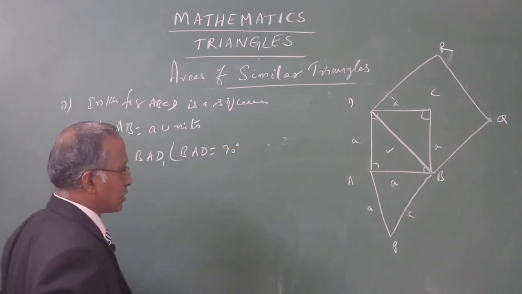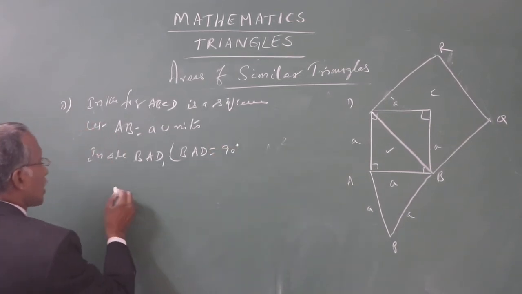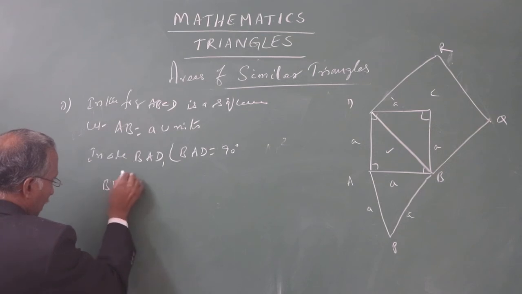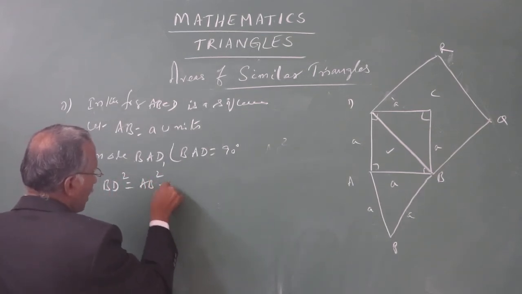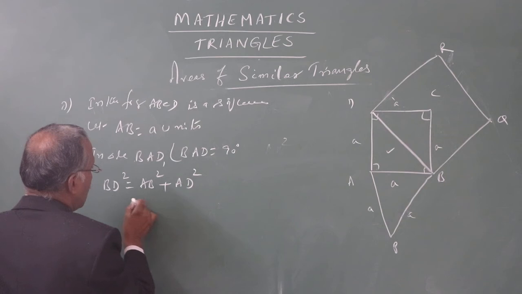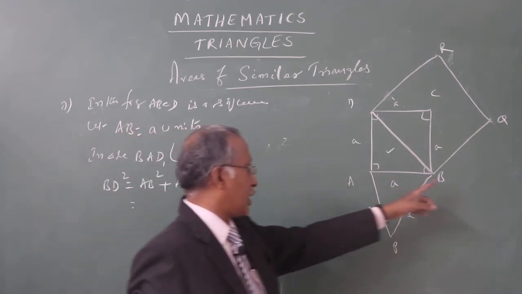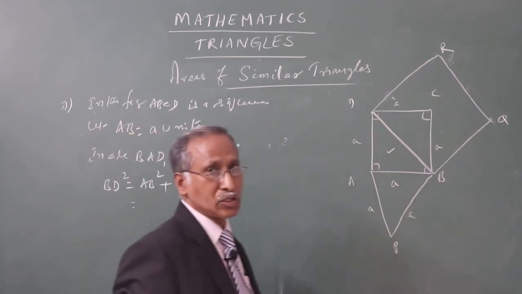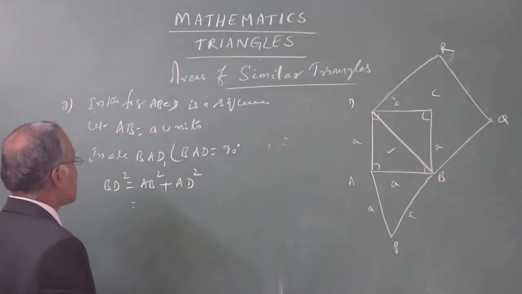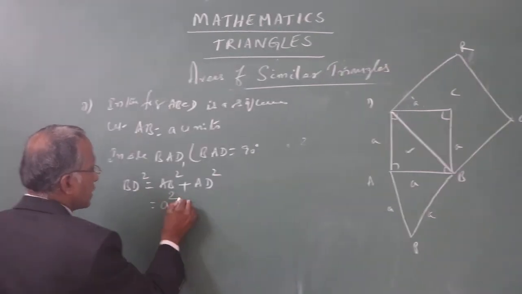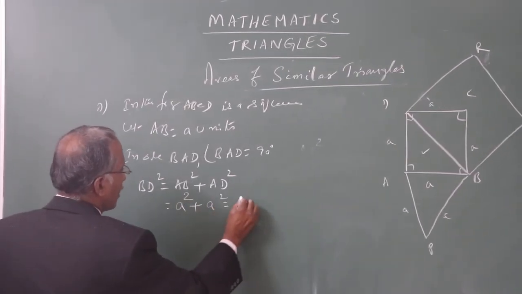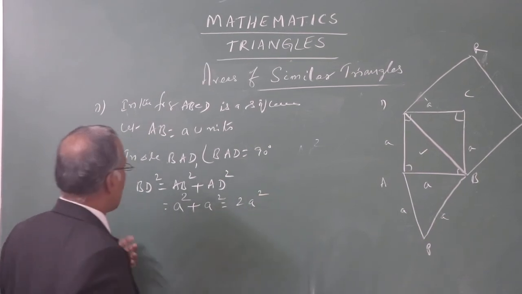By Pythagoras theorem, square on the hypotenuse BD square equals AB square plus AD square. You know that AB equals A units, AD is also equal to A units. Therefore, AB is A units, I got A square, this is also A square, this equals 2A square.